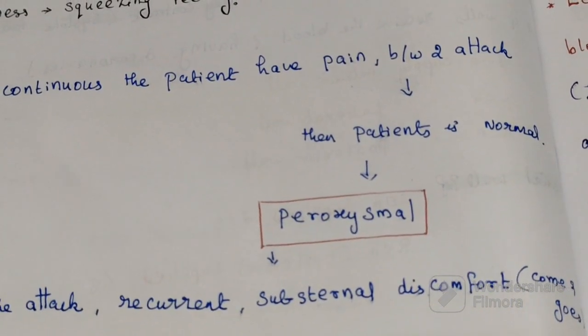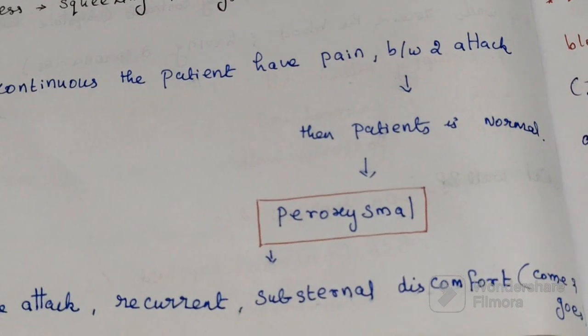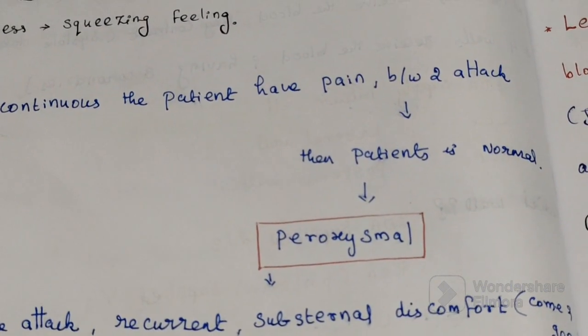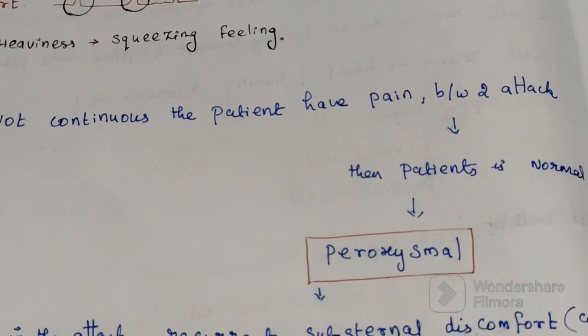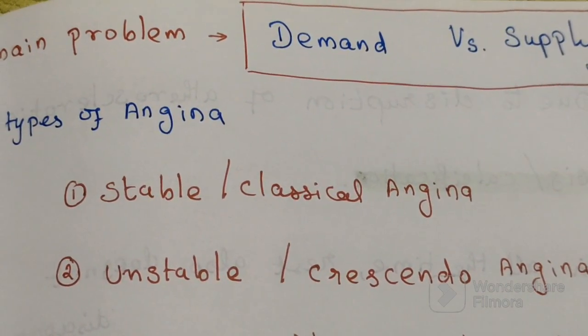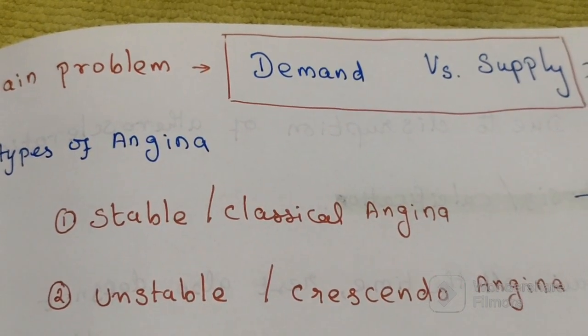It is transient myocardial ischemia. The pain or discomfort comes and goes.